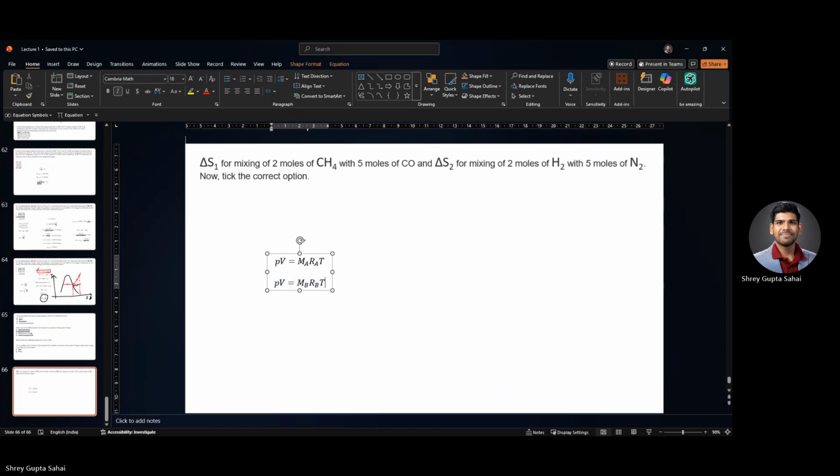Okay. And let's say both are at same pressures and temperatures. Now, this V will be different. So at a constant pressure and temperature, the volume two gases occupy are different.